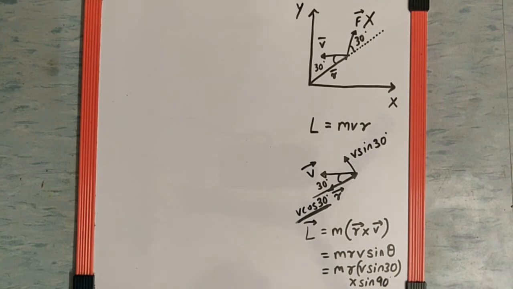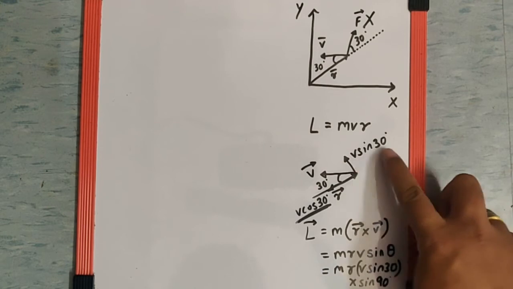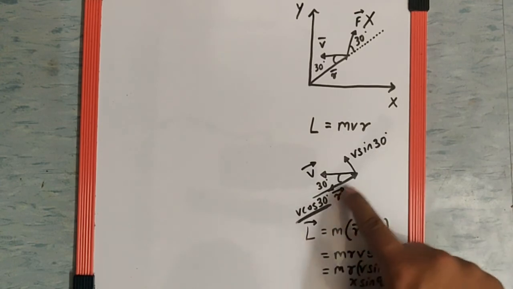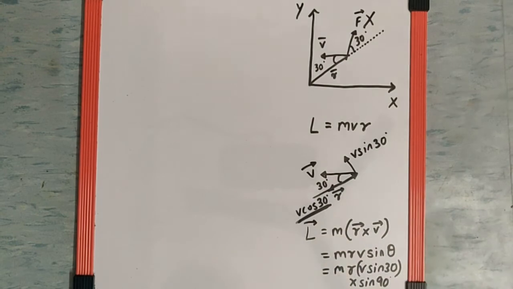Please remember, this 30 is nothing but the component angle over here, and this 90 is the angle between r bar and v bar, which is r bar and this component of v bar, which is perpendicular.